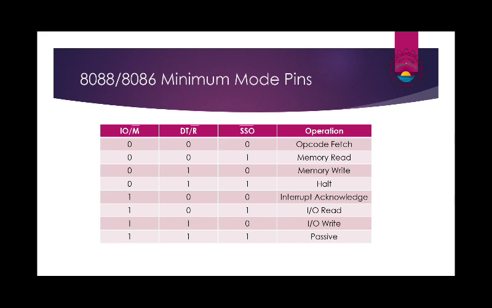And what are these states, passive and hold state? In hold state, microprocessor will be doing nothing, and to enter into a hold state, an instruction will be executed by a microprocessor. Instruction is HLT.